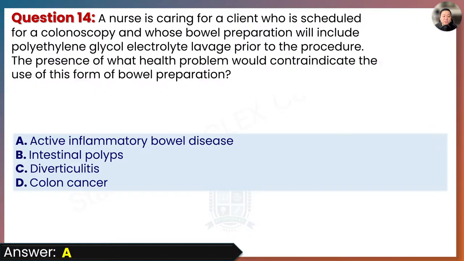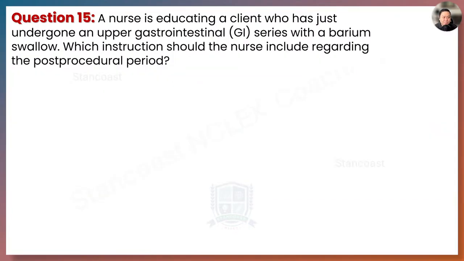Now, I want you to also recognize stable versus active disease. And so if the condition is chronic but not flaring, such as polyps or stable diverticulosis, then the PEG is usually fine. Now, also consider cancer versus polyps. These are common reasons for colonoscopy unless there is obstruction present. So PEG is not going to be a contraindication as well.